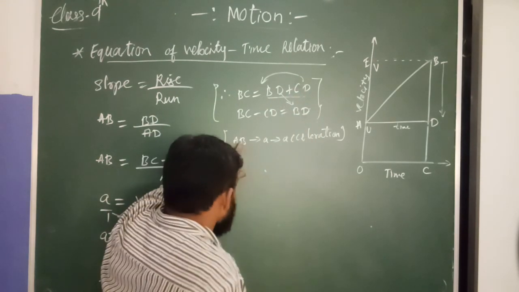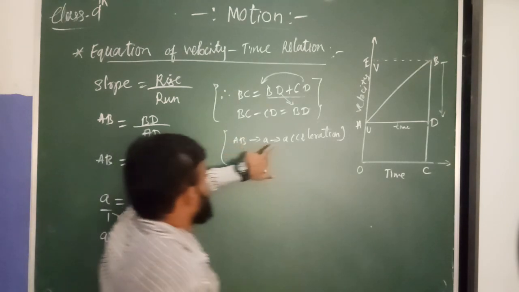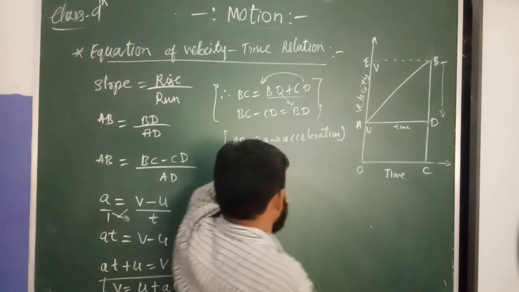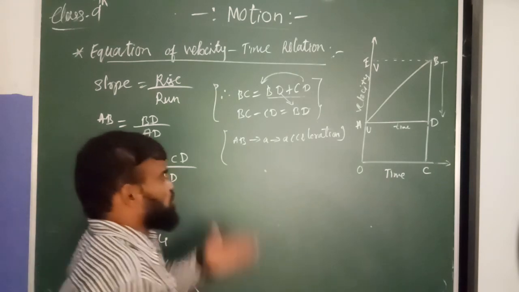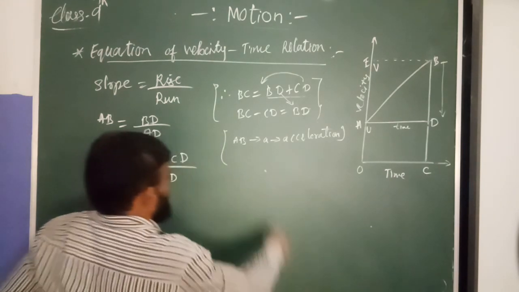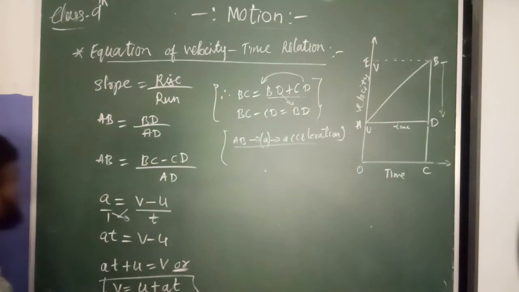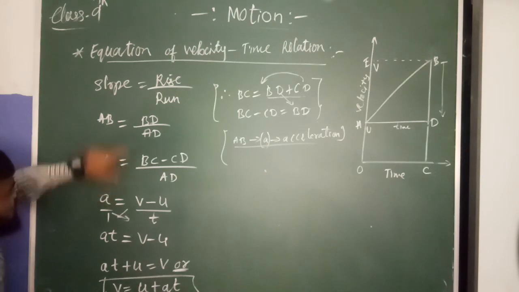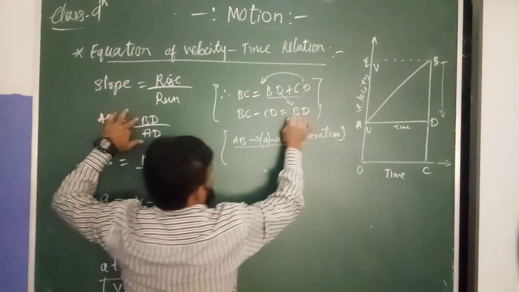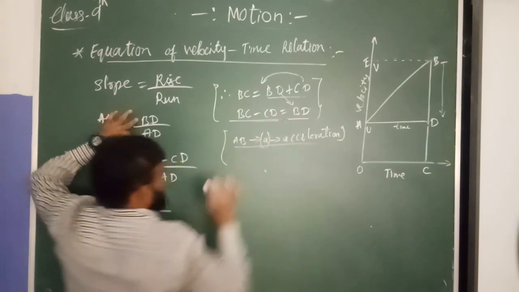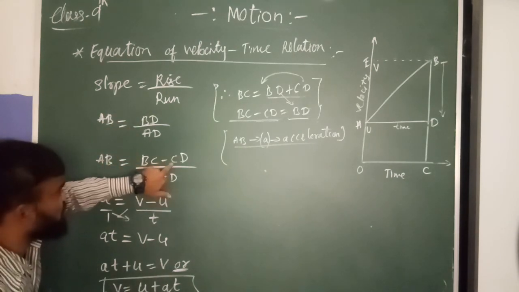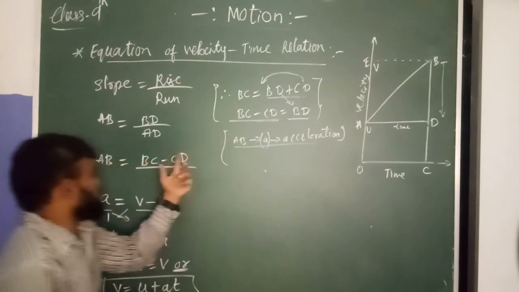Right? And one more thing, AB is acceleration. What are we taking? Acceleration, that is the rate of change of velocity. Acceleration is small a, we have taken here. So similarly, AB is equal to BD. What is the BD value? See here, BD is BC minus CD, divided by AD.